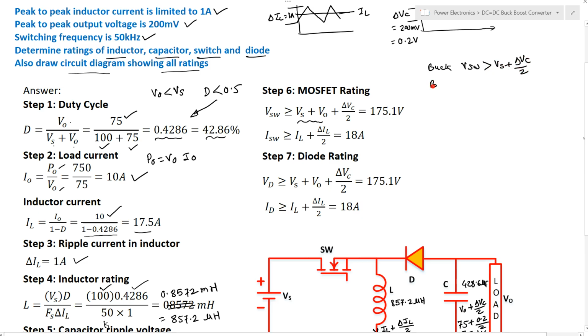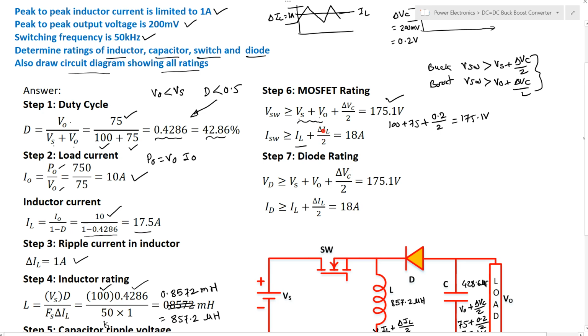But in the boost operation, the voltage across the switch is greater than V0 plus delta Vc by 2. In the buck boost converter it is a combination of these, so Vs plus V0 plus delta Vc by 2. So Vs is 100, V0 is 75, plus delta Vc of 0.2 volt divided by 2. So it comes to 175.1 volt. That is the answer.